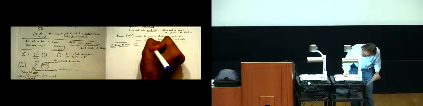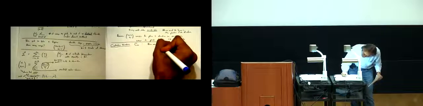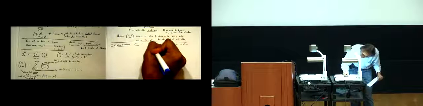So the question we're going to ask is, how many ways can you have a string of length 2n that consists only of open parens and close parens with balanced parentheses?